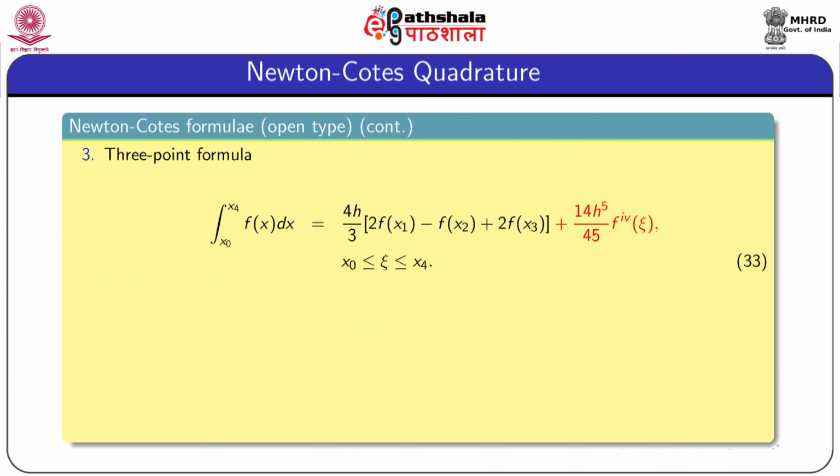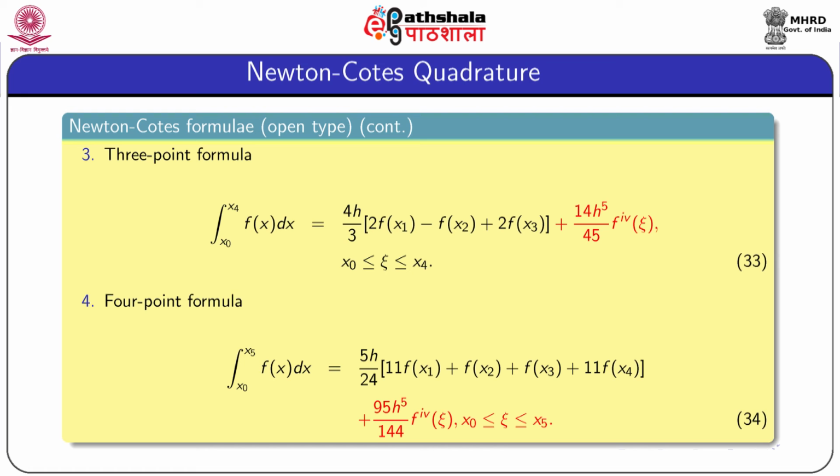The 3-point formula is this one, the integral from x0 to x4 of f(x) dx equal to 4h by 3 times (2 f of x1 minus f of x2 plus 2 f of x3) plus the error term, and that one is 14h to the power 5 by 45 times the 4th derivative of f at xi. That means this formula gives the correct answer for polynomials of degree up to 3. So in this formula also the arguments x0 and x4 are not included. That is why this formula is also known as an open type formula.